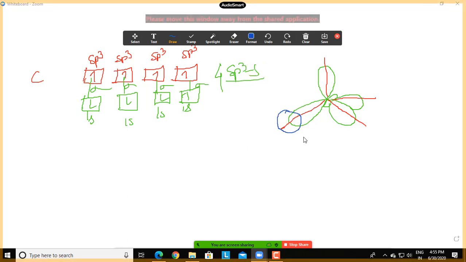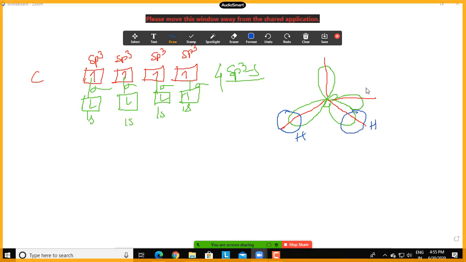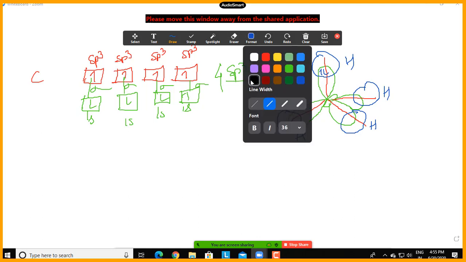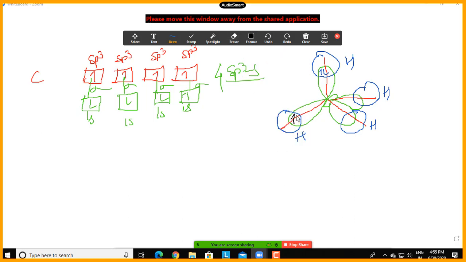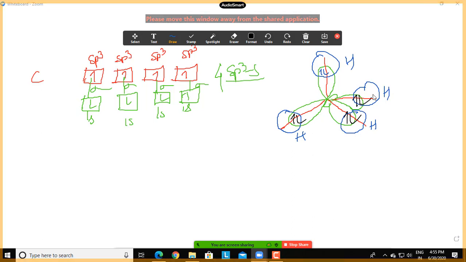Hydrogen will come here, here, here, and here. So the unpaired electrons will become paired. This is the formation of the CH4 molecule. Is that clear?